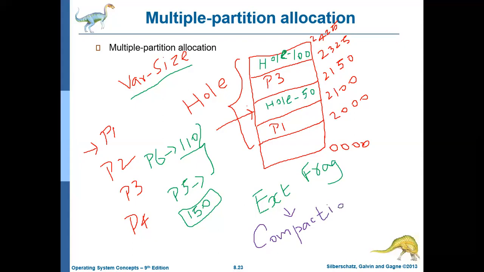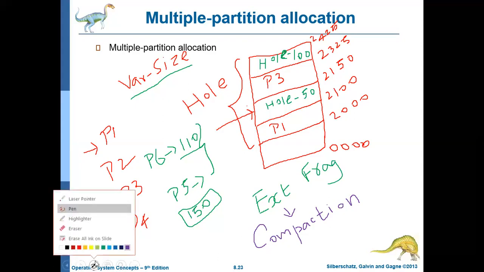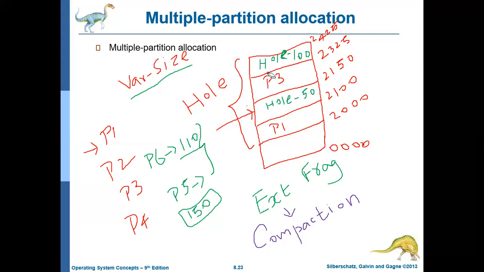Using this technique, the problem of external fragmentation can be rectified. How? You just move all the holes to one end and all the executing processes to the other end. In that case, P3 will be moved below into this hole depending on its size.